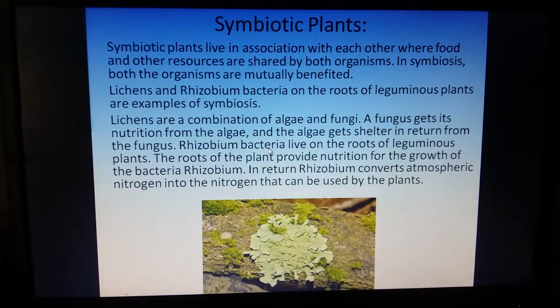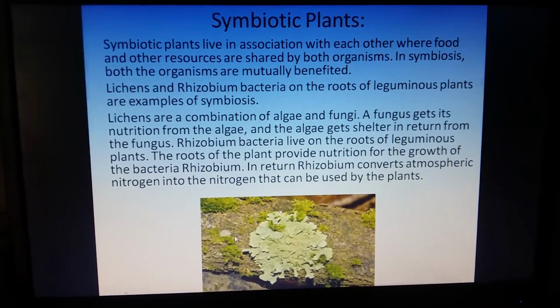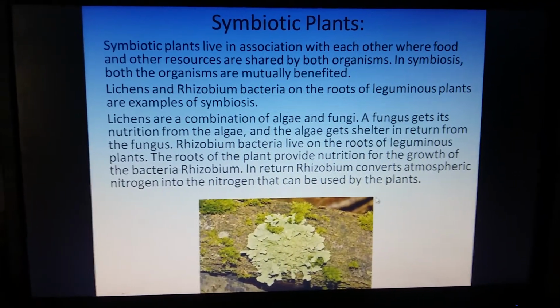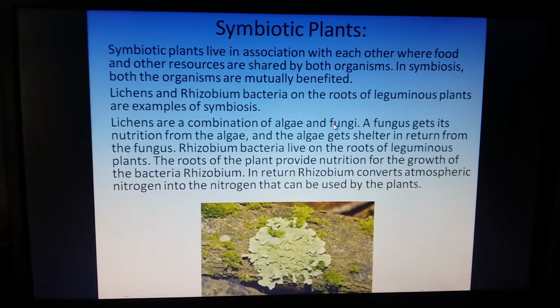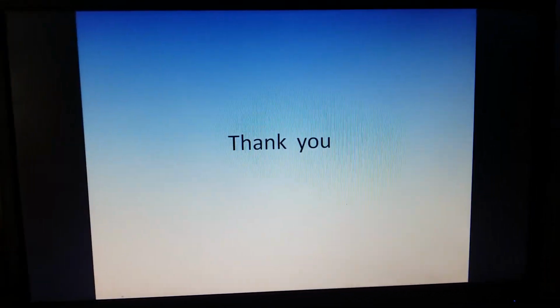Rhizobium bacteria fixes nitrogen from the atmosphere and gives it to the plant, and in return it obtains nutrition from the roots of the plant. So both the organisms are mutually benefited. These were the heterotrophic plants.